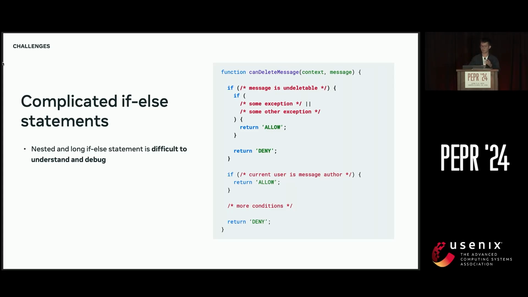The logic can become very long, and it becomes too hard for engineers to understand and debug. Oh, by the way, all the code examples here are just made up. It's pseudo code. So that's one of the problems when we use if-else statements to express the logic for permissions.